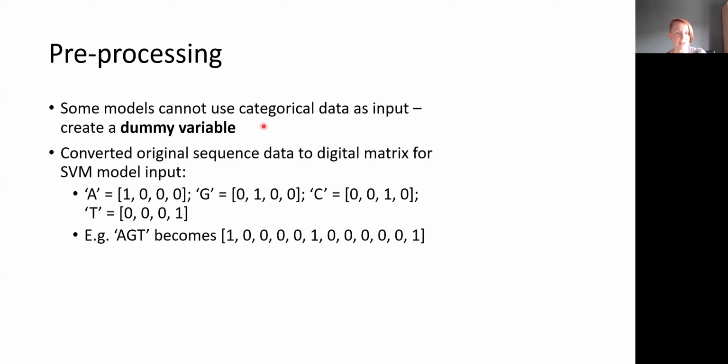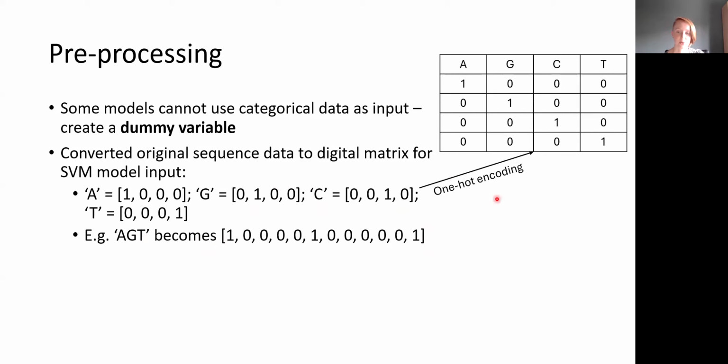In this paper, they converted the original sequence data to a digital matrix for an SVM model input. So all of the A's became 1000, the G's became 0100, C's became 0010, etc. So if you had AGT as a sequence, it would become this series of ones and zeros here.